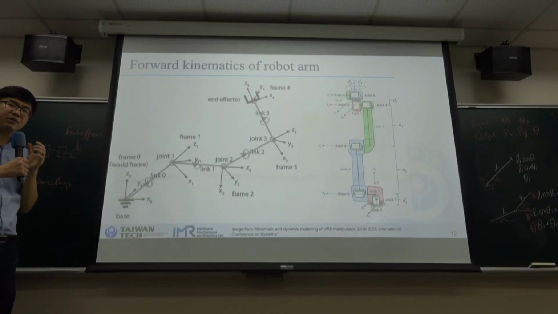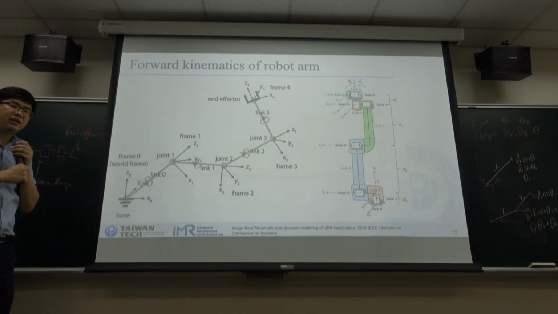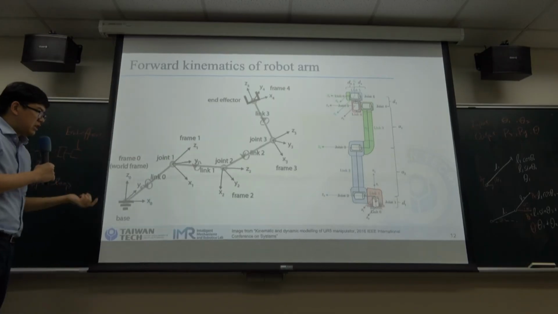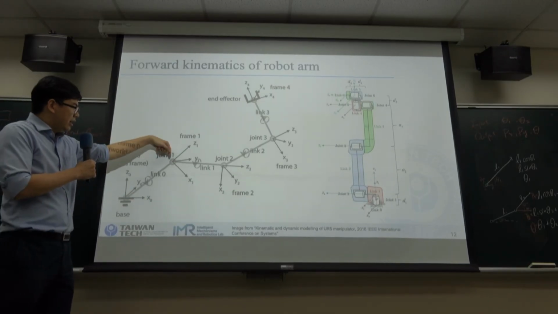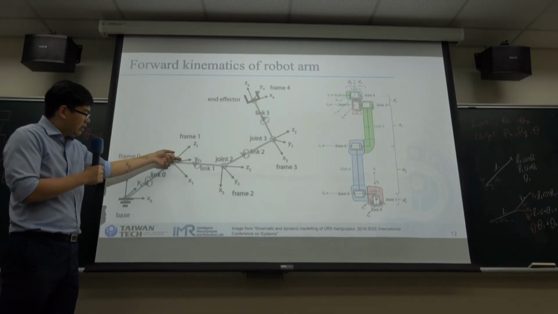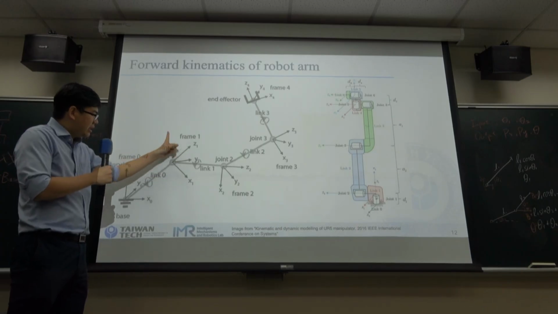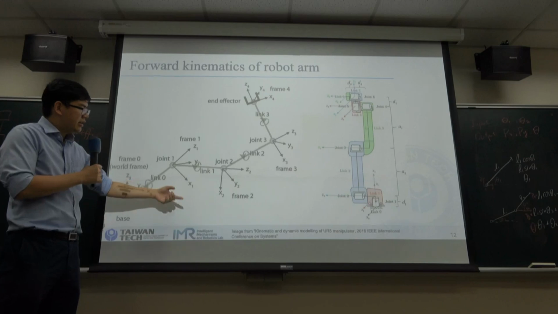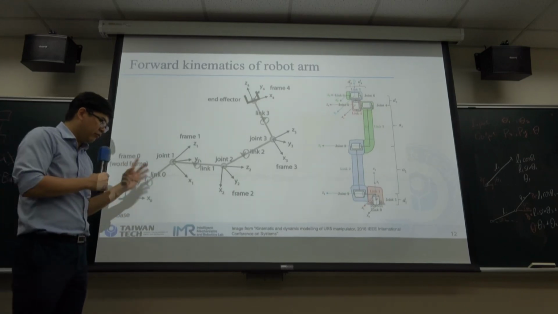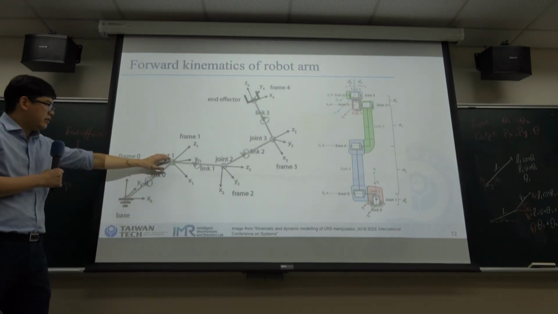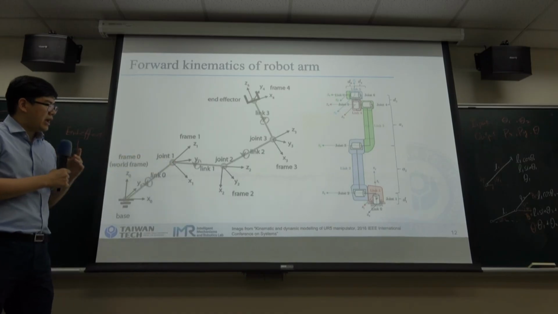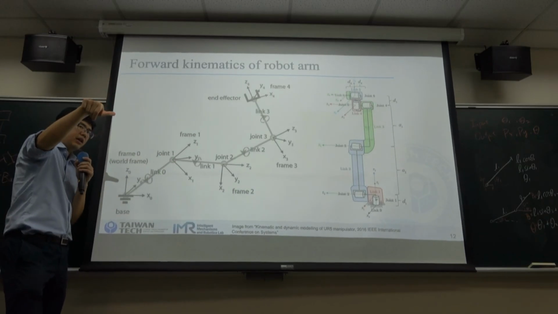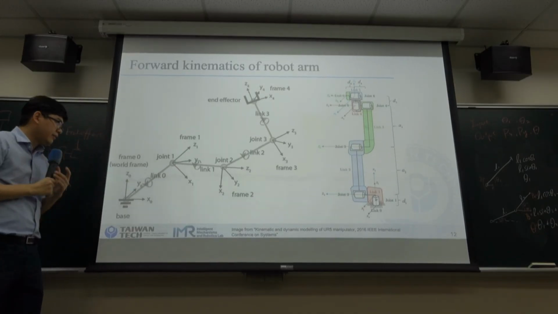Can you recall from the last week assessment? For the last week assessment, we wanted you to assign Z as the direction of the joint axis, and X you can assign whatever you want, and then Y is computed by the right hand rule from Z to X, so the Y is here.